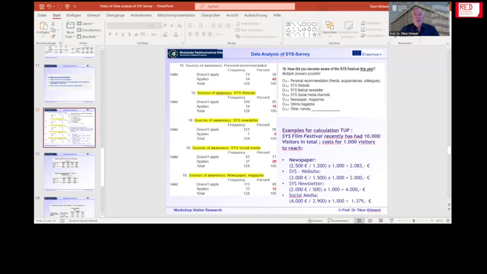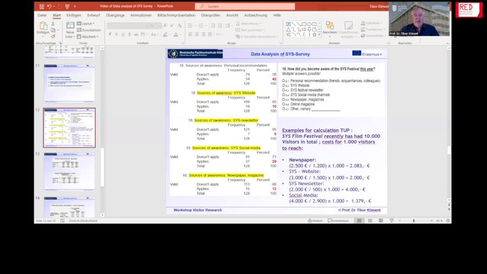So what we can do then is we can try to find out how cost effective it is. For this, we take the money that is needed for using the media channel. In this case, we say 2,000 euro were the costs for the newsletters, and only 500 people saw it.